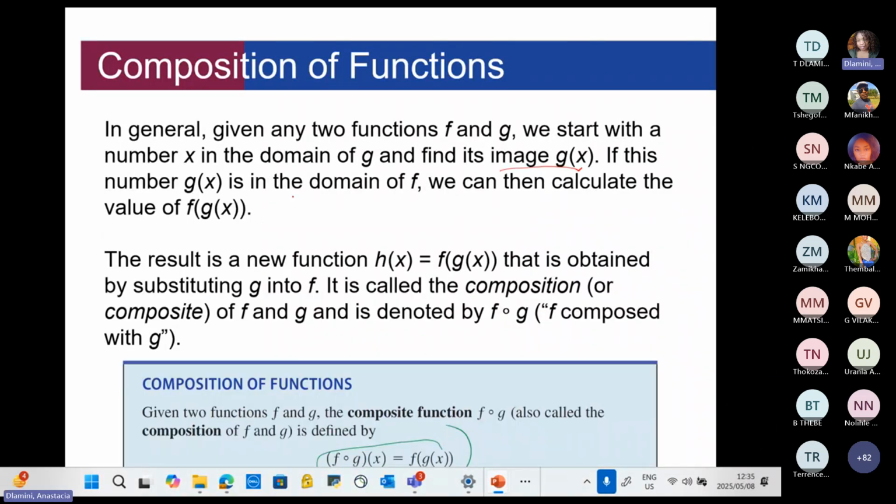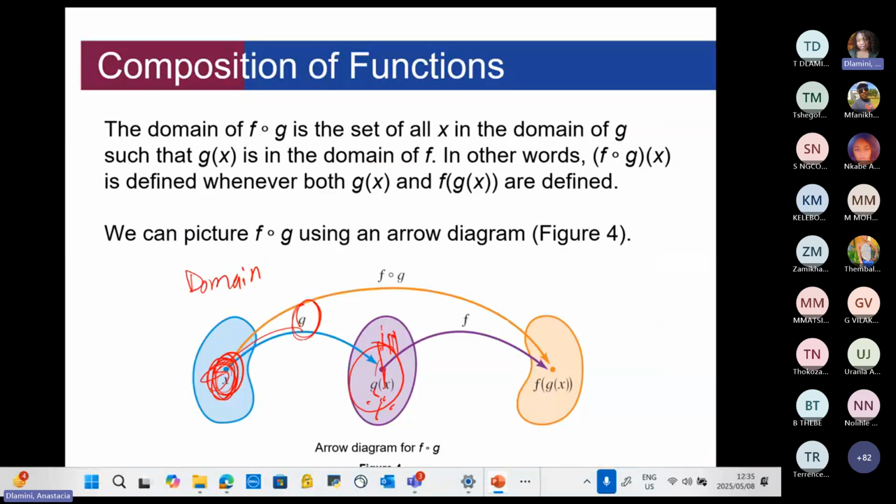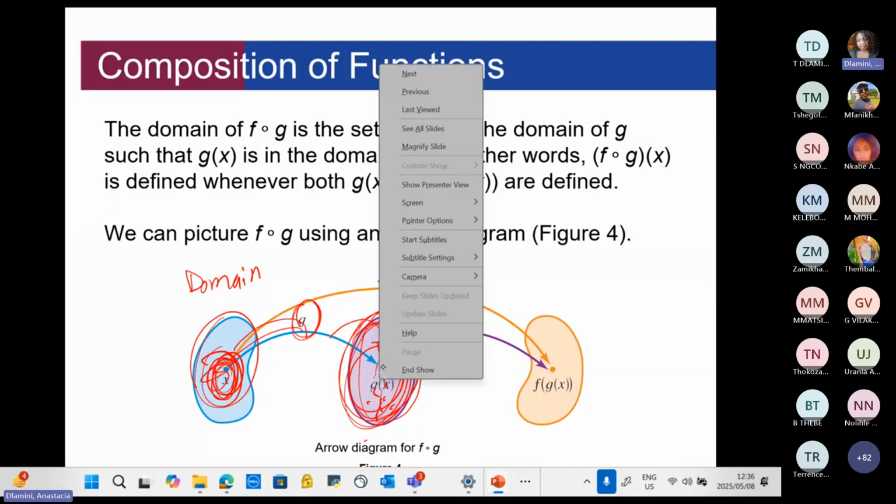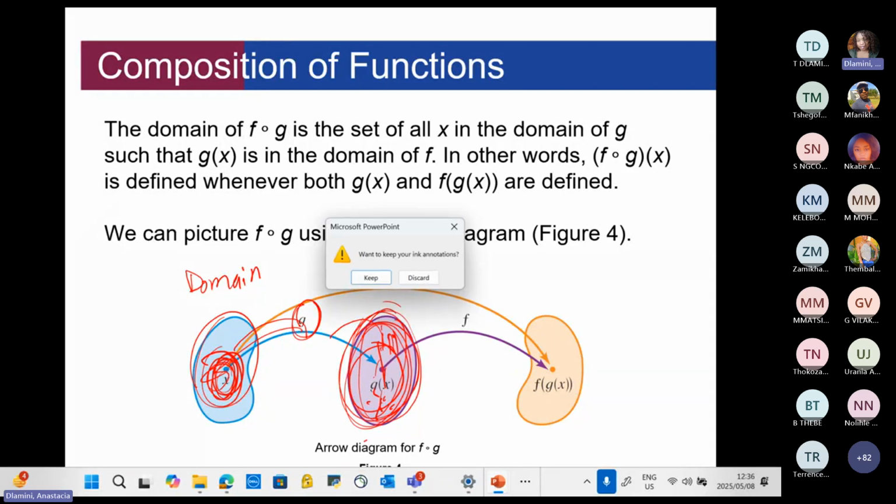This is the domain of g, this is the domain of f. You took x, put it in g to get g of x, and these values will be the domain of f. Therefore, since g of x is in the domain of f, it means you can calculate f of g of x.